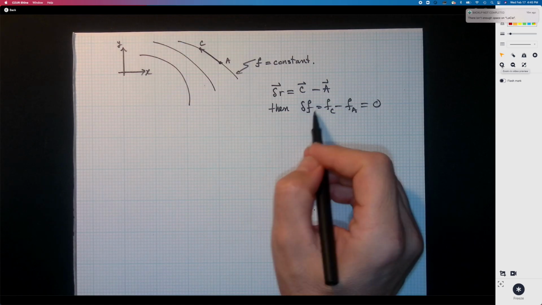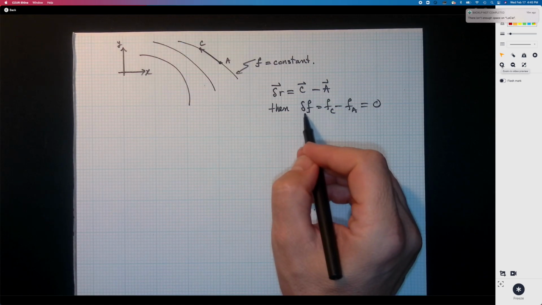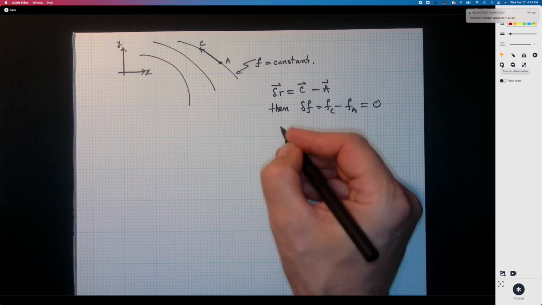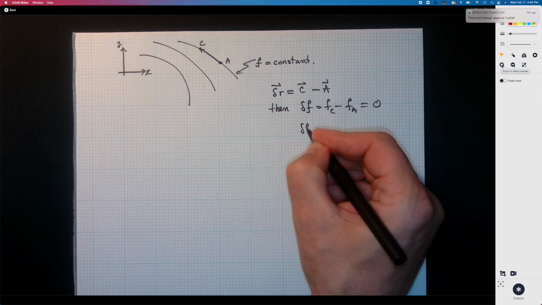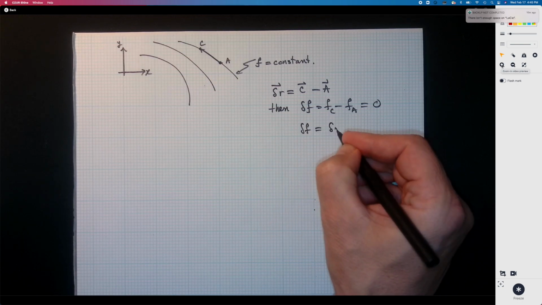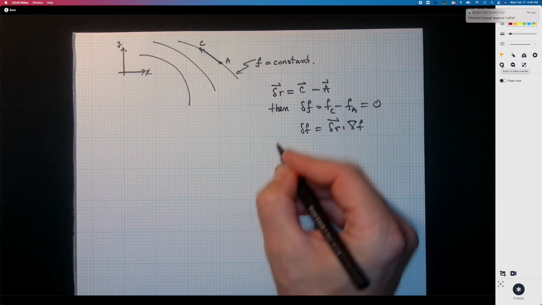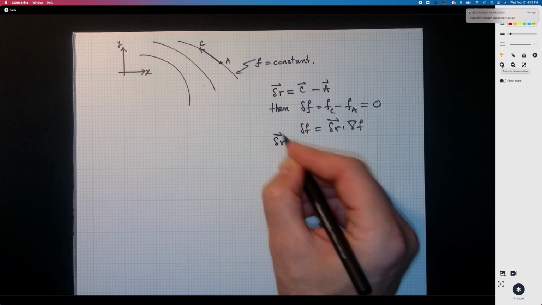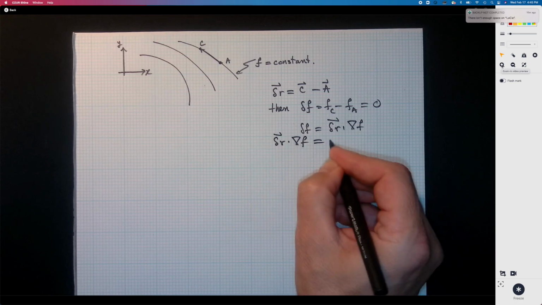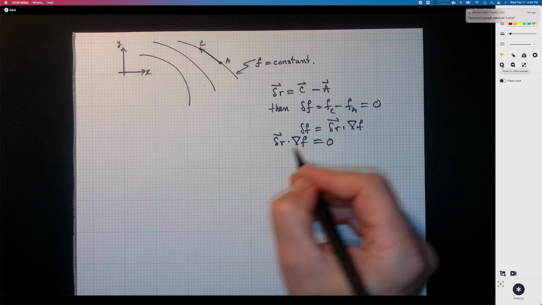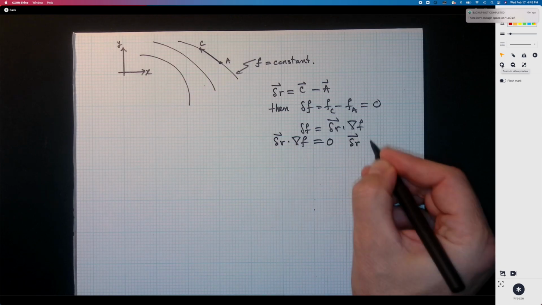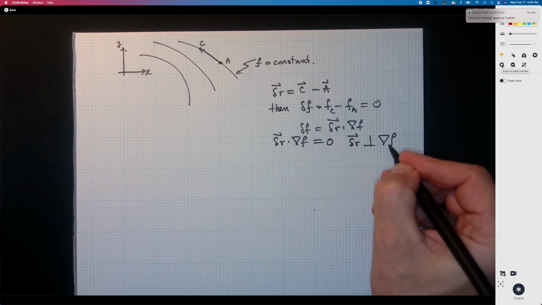But we can also use our expression for what delta f is using the gradient. So we also have delta f is equal to delta r dotted with grad f. Putting these two together, we know that delta r dotted with grad f is equal to 0, which means that delta r is perpendicular to grad f.